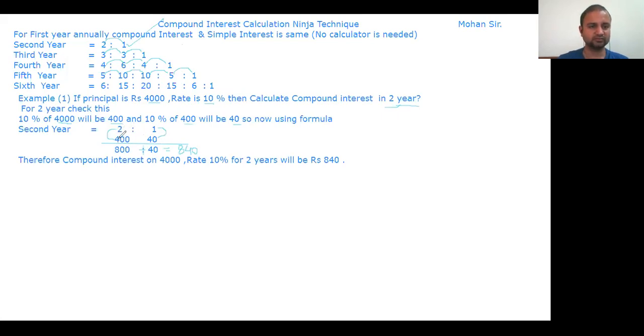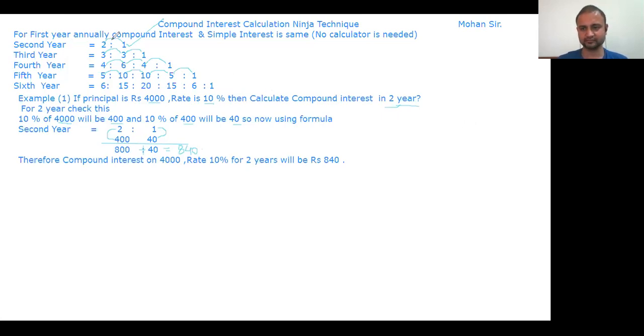Now we multiply 400 into 2, it will be 800, and this 40 into 1, 40. If we add 800 plus 40, the answer will be 840. Therefore, compound interest on rupees 4,000, rate 10% for 2 years will be rupees 840.